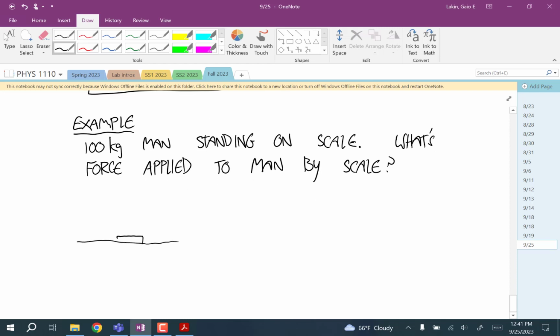So this scale is just on the floor. Here's the man. This is the scale.